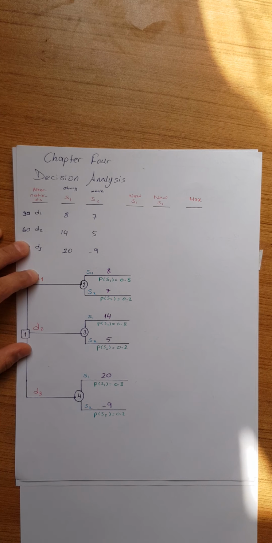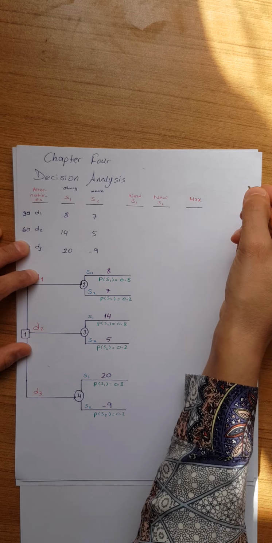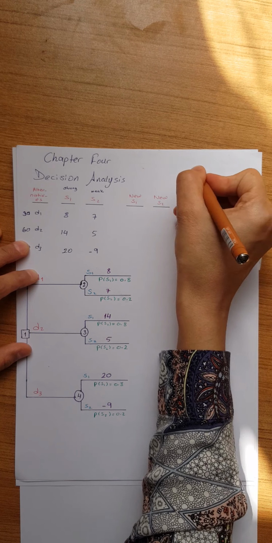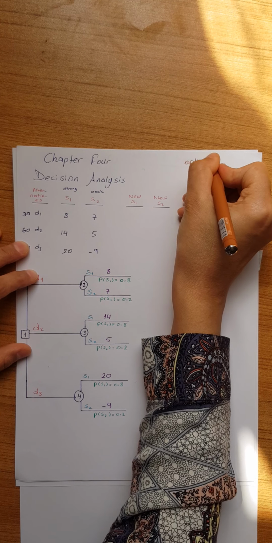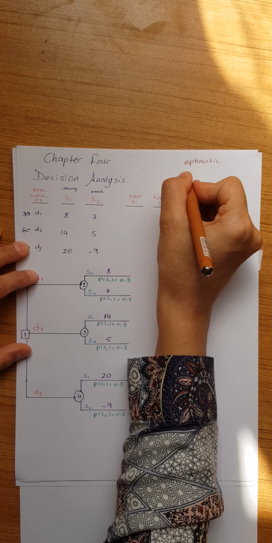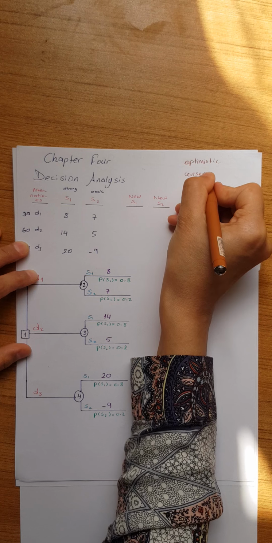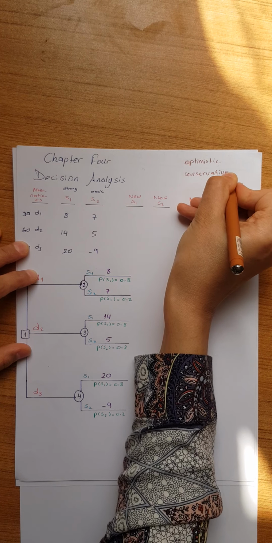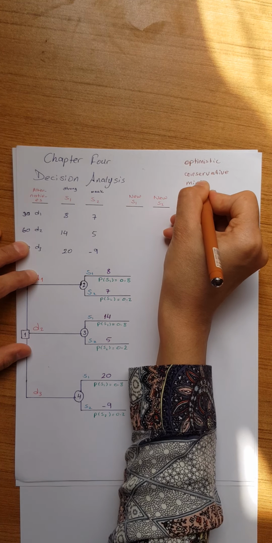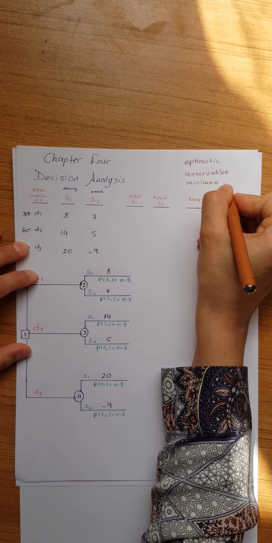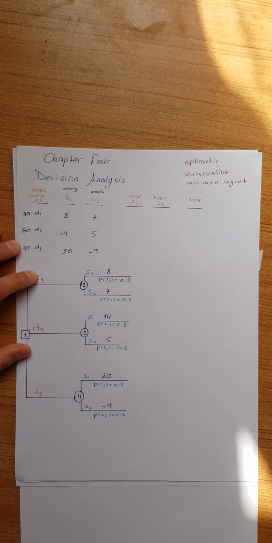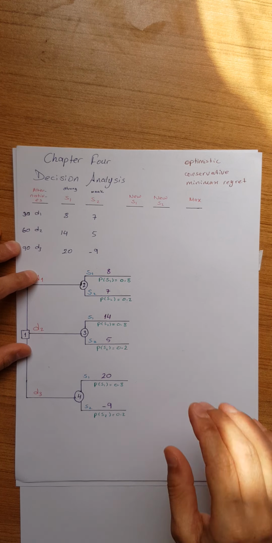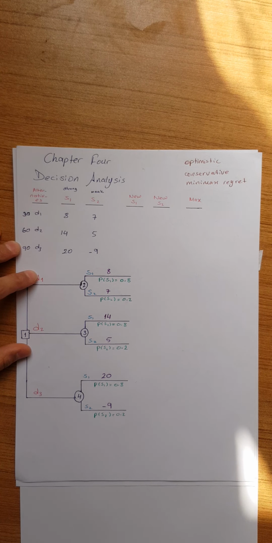So we have the optimistic approach, the conservative approach, and the minimax regret approach. We have three cases for making a decision without probability. What is the optimistic approach?